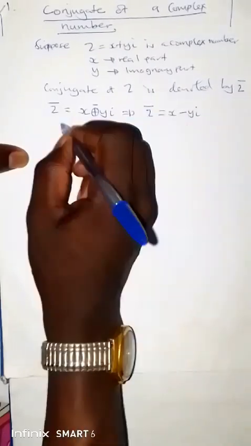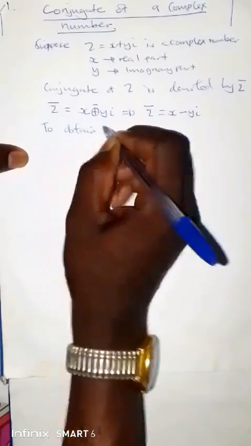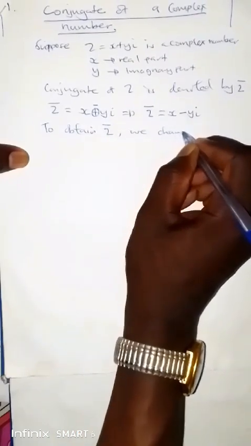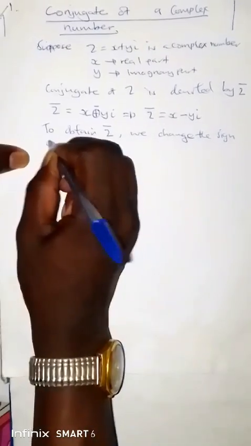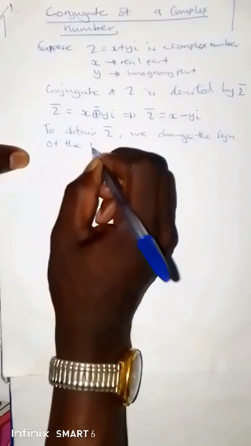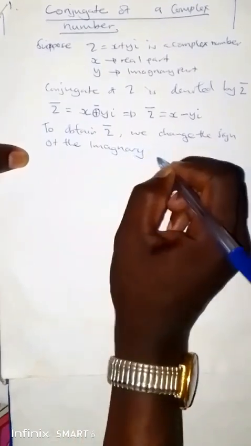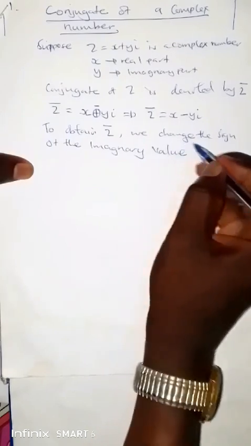What do we do? To obtain z bar, we change the sign of the imaginary value.